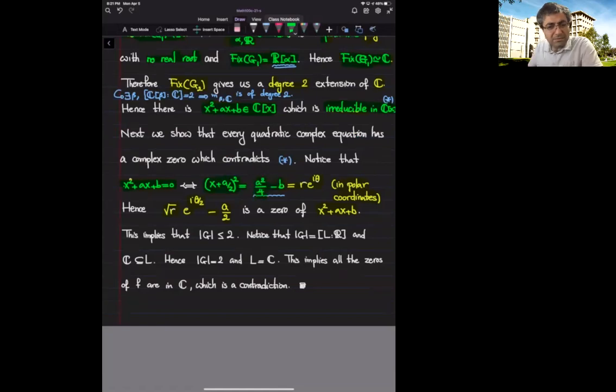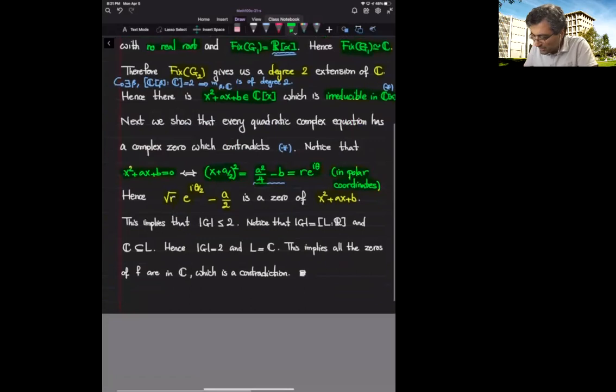And this is a complex number. I can use polar coordinates for this complex number, that means the magnitude times the rotation needed to reach this complex number. So r times e to the power i theta. That's the polar form of the right-hand side of this equation.